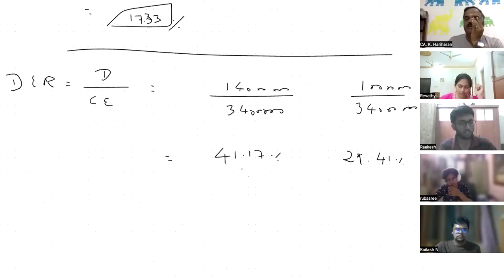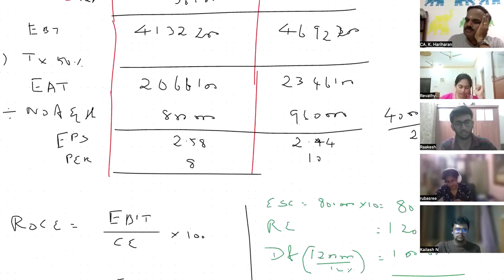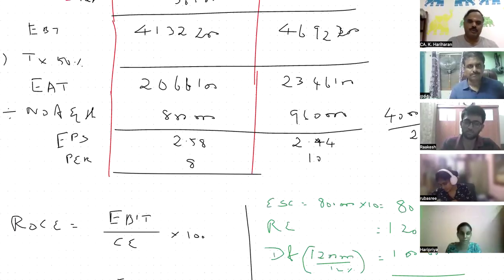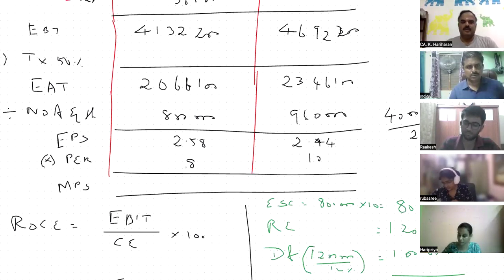So 2.58 into 8 is equal to 20.64, whereas in the second case it is 24.4. So what is preferable? Second. Option 2 is preferable.